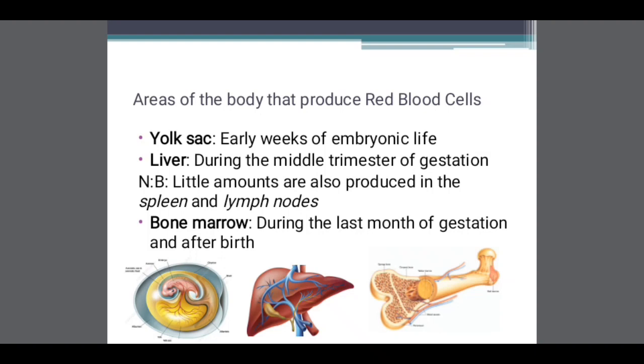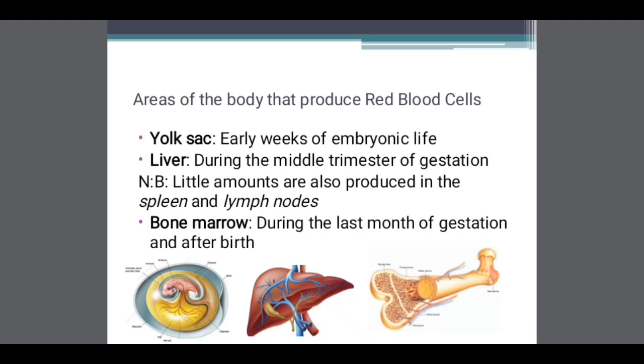We should also note that during this period little amounts are also produced by the spleen and the lymph nodes, but it is primarily by the liver. Then the bone marrow also produces red blood cells during the last month of gestation and after birth.